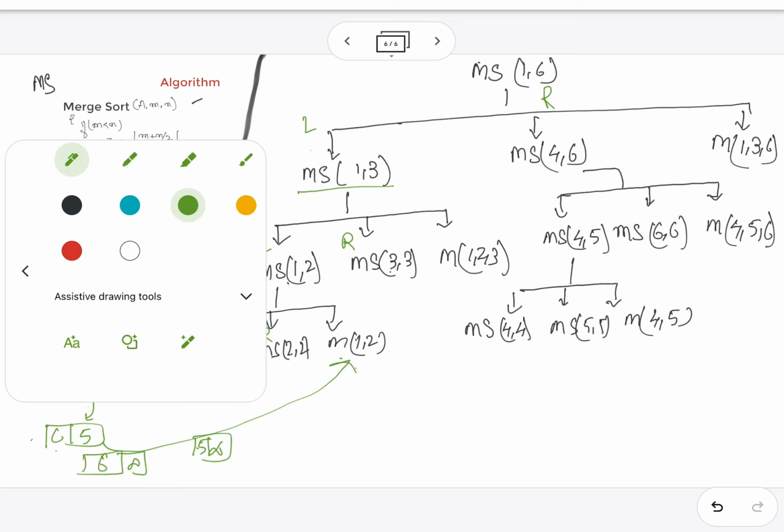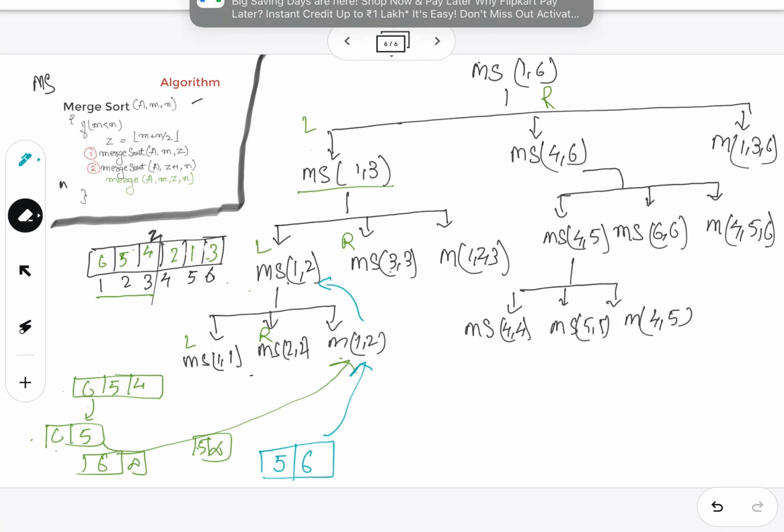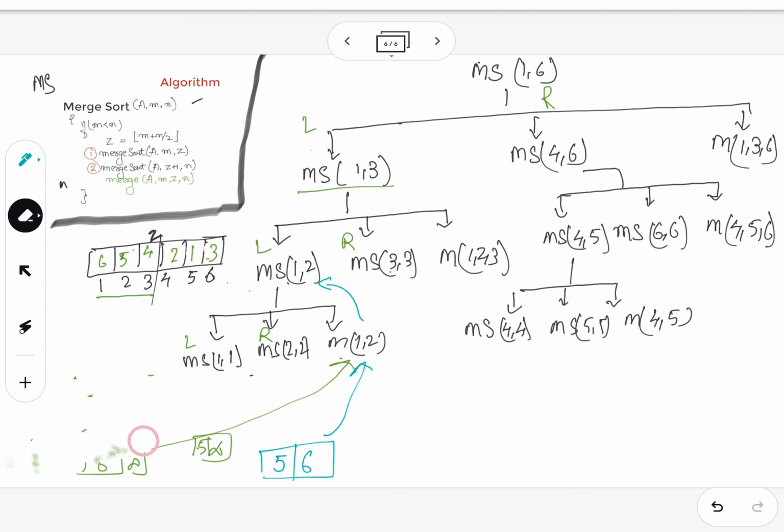Finally, we will have an array of the same size, 6 and 5. 5 will be compared with 6. So 5 is here, 6 is here, and it will eventually go down to this part. At the end of these calculations, what you will get is 5 and 6 sorted.